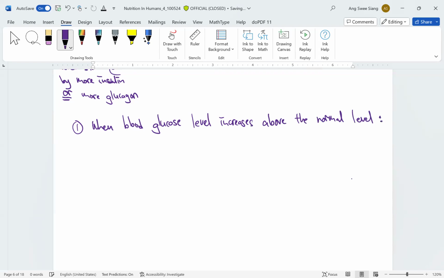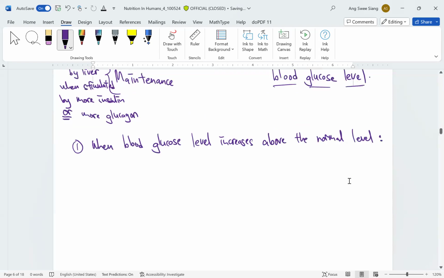Before we talk about it, what will cause the blood glucose level to increase? Just now I already mentioned it, and I don't want to ask people to answer questions anymore, it takes so long. So what causes this blood glucose to increase?